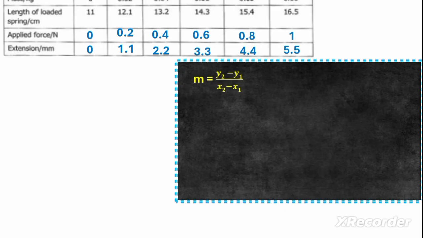Gradient is equal to y2 minus y1 divided by x2 minus x1. So we can choose two coordinates from these coordinates that we have. I have chosen this one and this one.